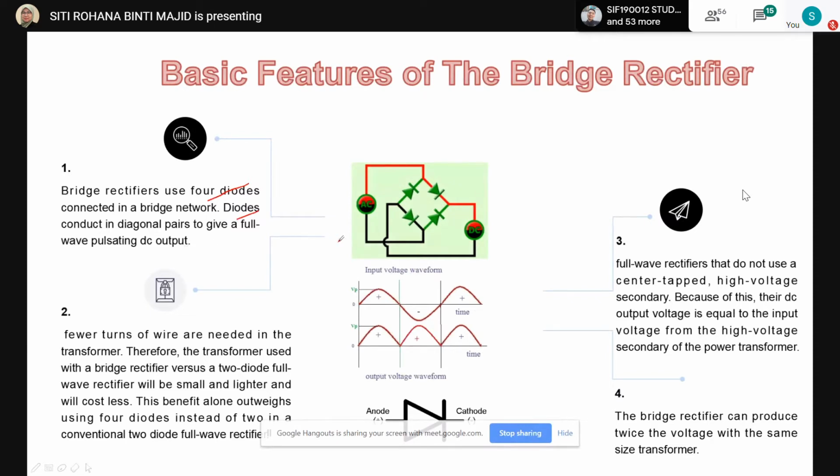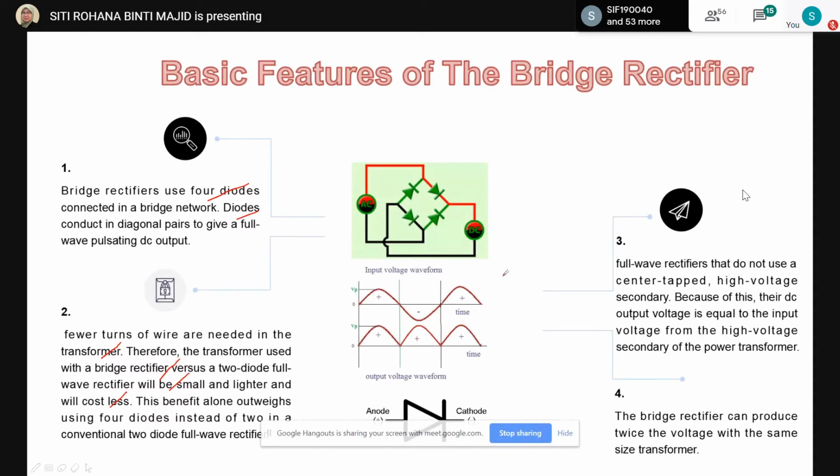Okay. And also for the transformer, they only need a transformer with a minimal number of turns of wire, and therefore this kind of bridge rectifier is lighter and also smaller compared to a conventional rectifier, and the cost is less.